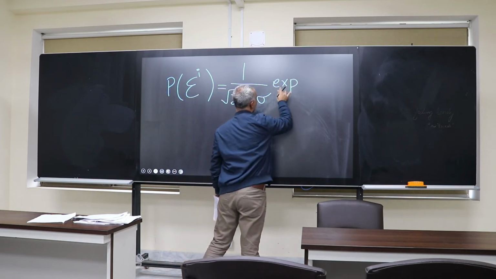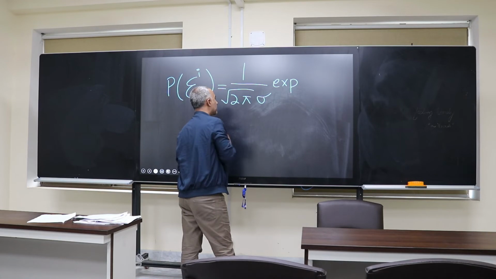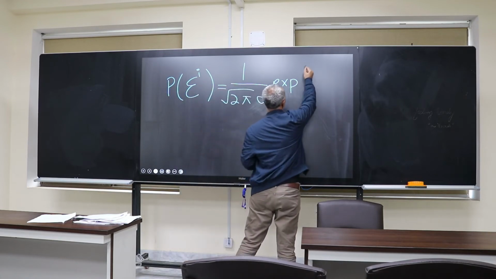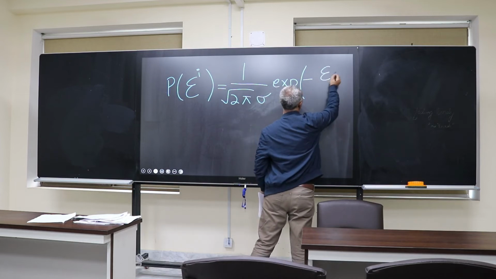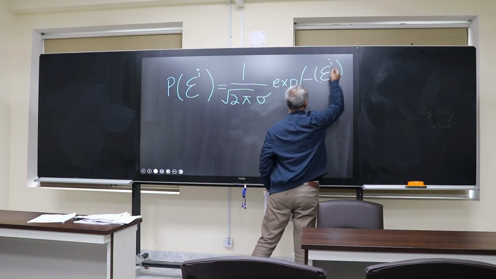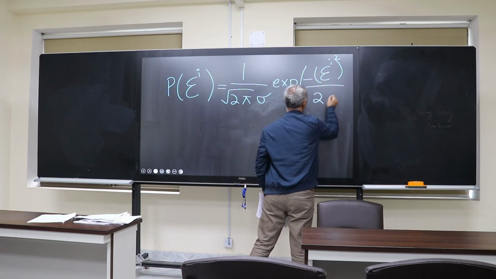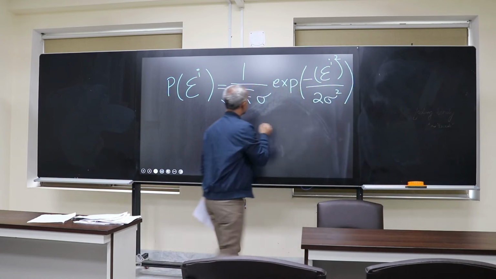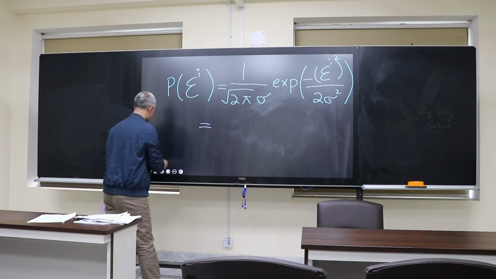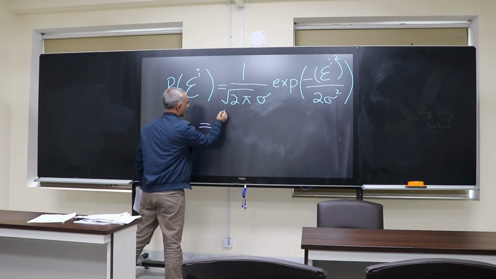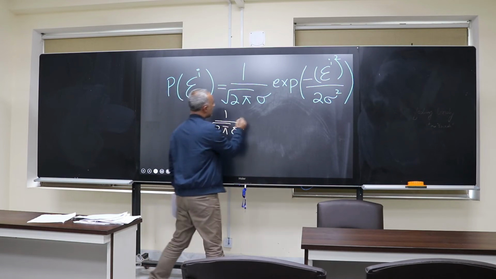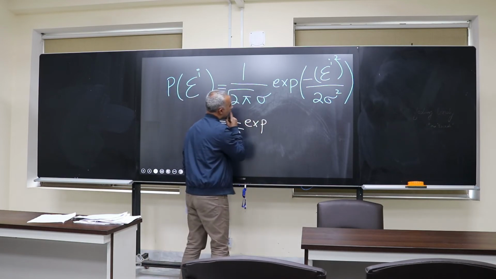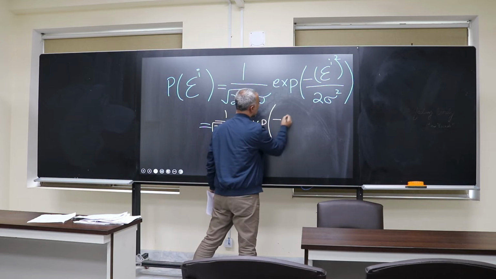Here I will explain this exponential term: the square divided by 2 sigma square, which we can further expand as 1 over square root of 2 pi sigma times exponential of negative.